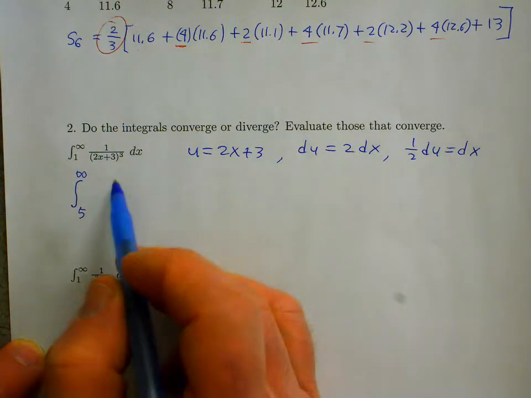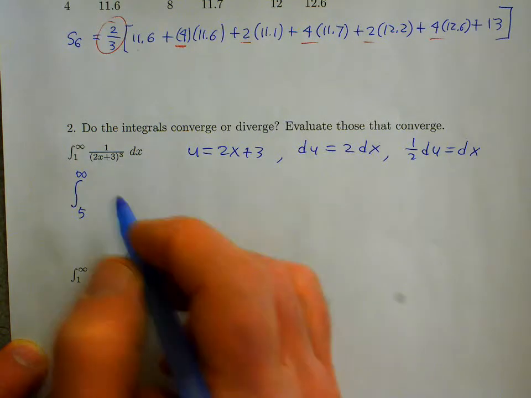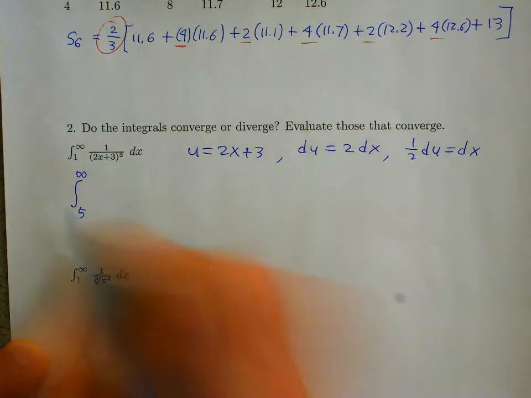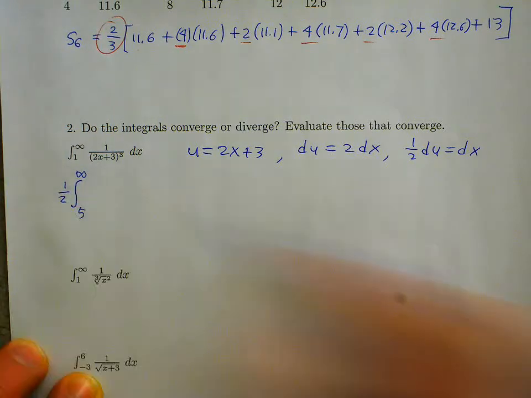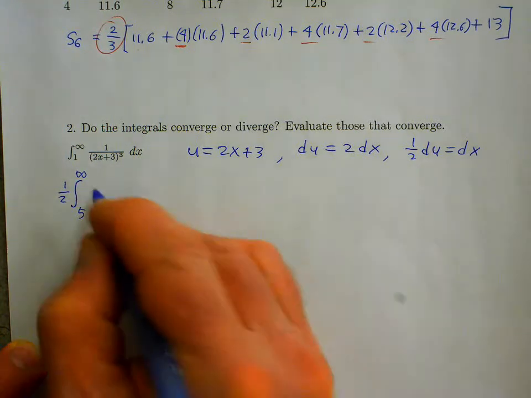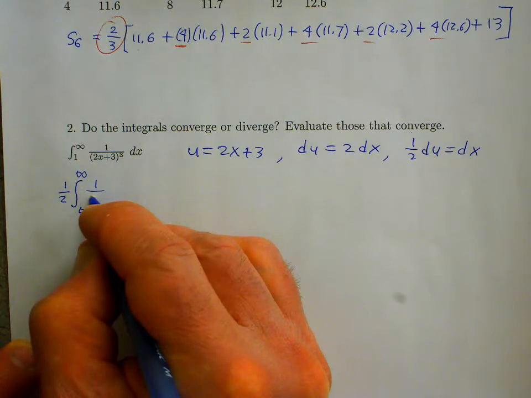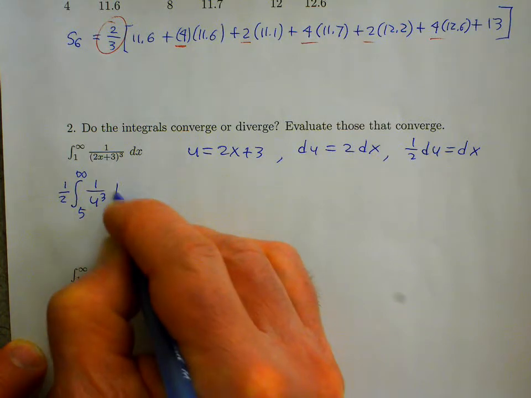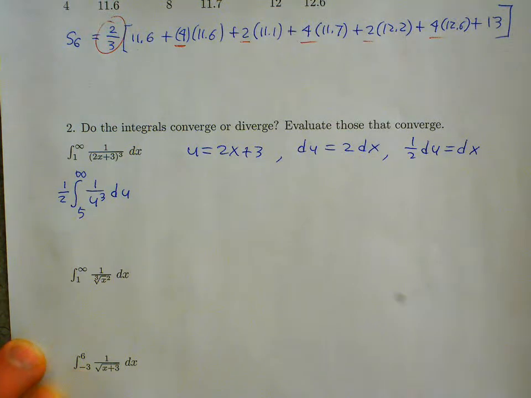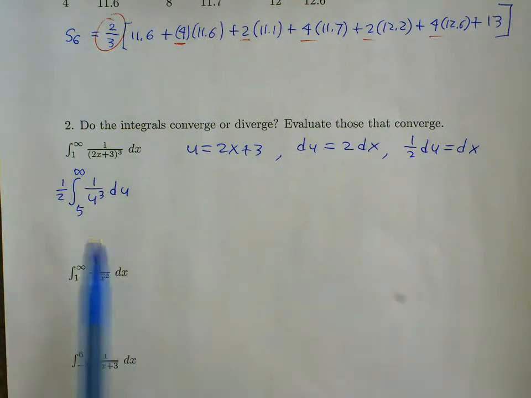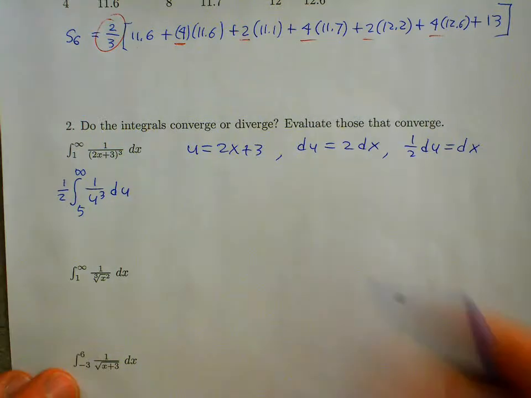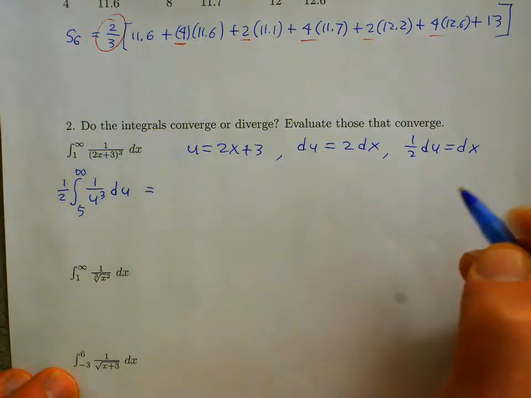And then replace dx with 1/2 du. So I'll put the factor 1/2 on the outside, and then 1 over u to the third du. So we can tell by looking that this is going to converge. So let's just take it a couple of steps further.